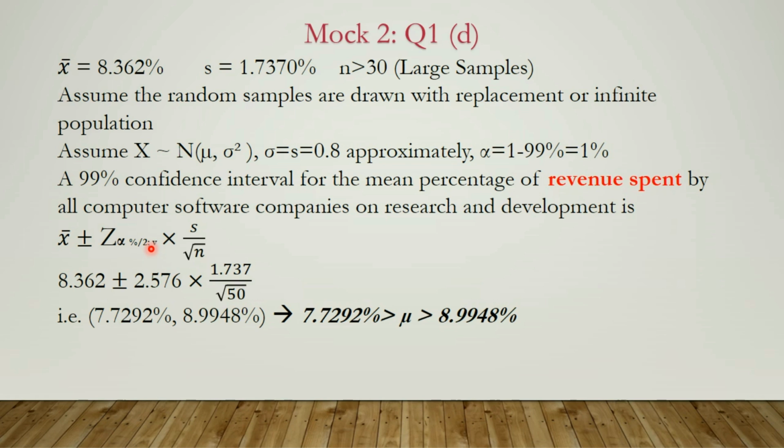We check the z table and get the figure 2.576. Then we apply the sample mean, x bar, here. After applying the formula, we get two figures, and we will know the range of the 99% confidence interval within which the population mean will fall. Thank you.